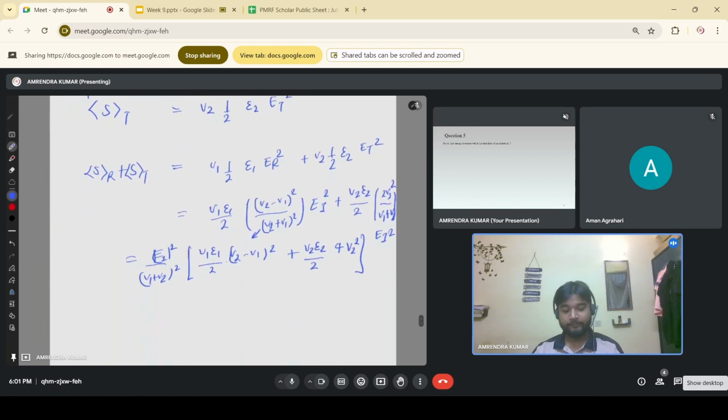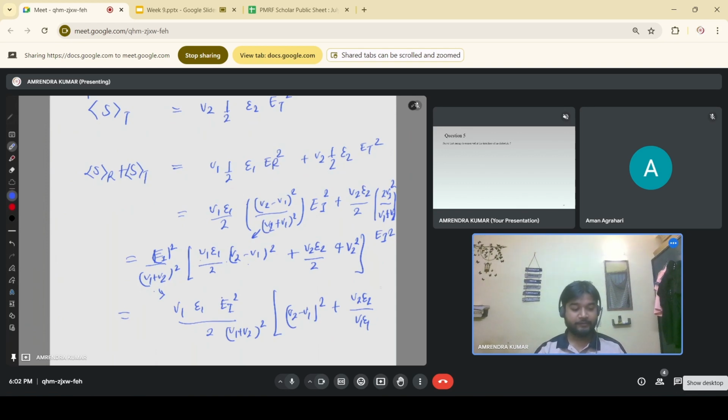So what we will do for that, we will take out V1 epsilon 1 E_I square, which is already outside, and we take out this half, which was outside already. So what will happen here? This will become (V2 minus V1) square, right? But what about this one? Half is taken out, so it will be V2 epsilon 2 over V1 epsilon 1, and 4V2 square.